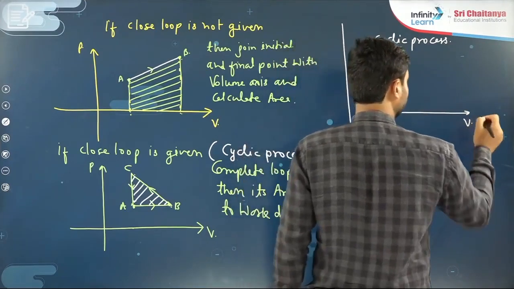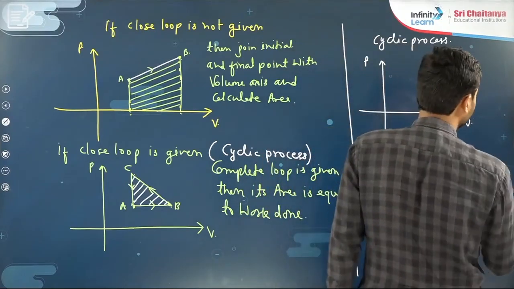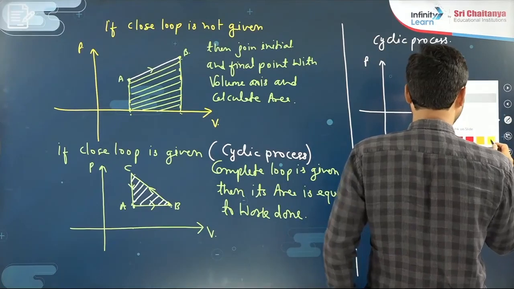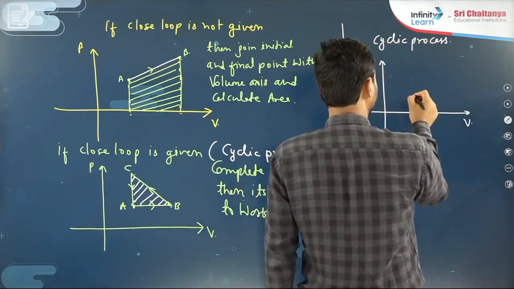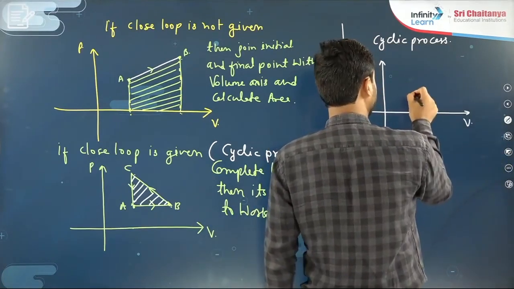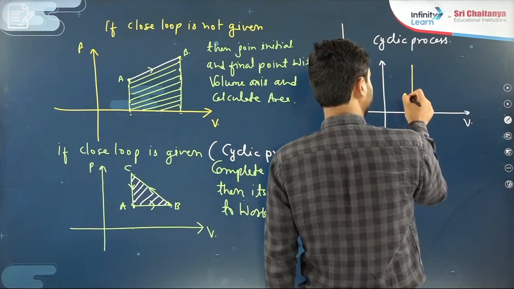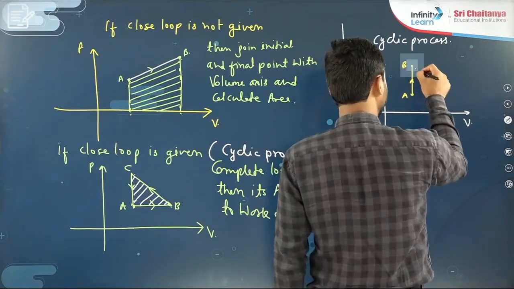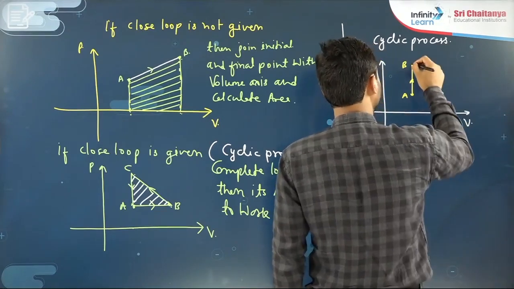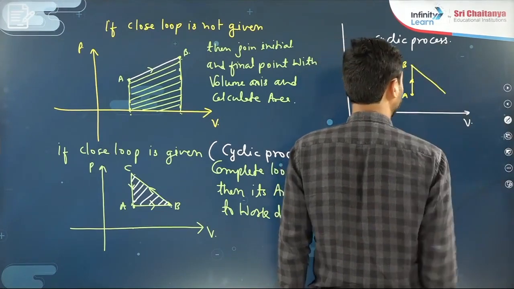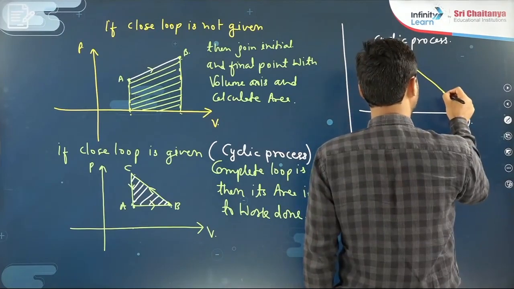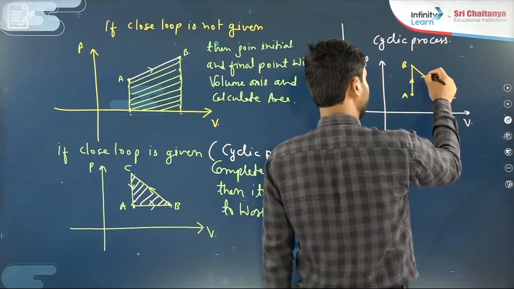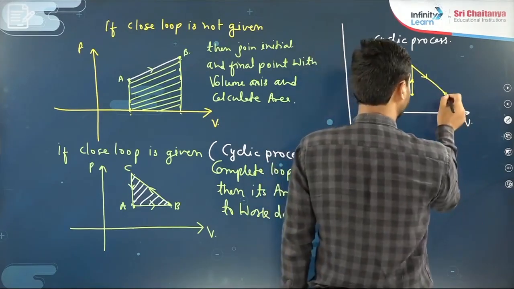Pressure, volume, the same triangle, same triangle closed loop I am forming. But it is like this: A to B, this is A, this is B, then B to C, this is C, then C to A.